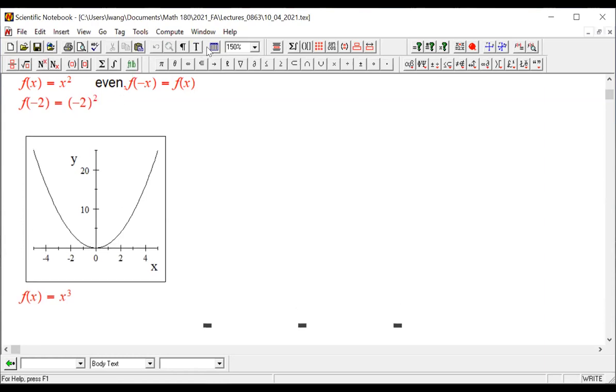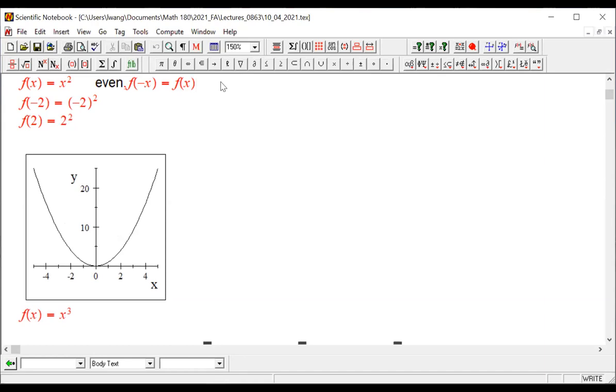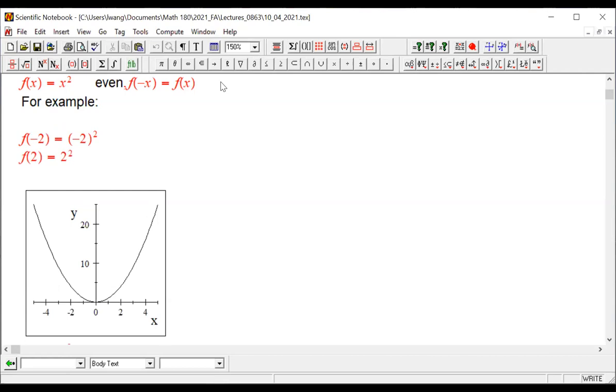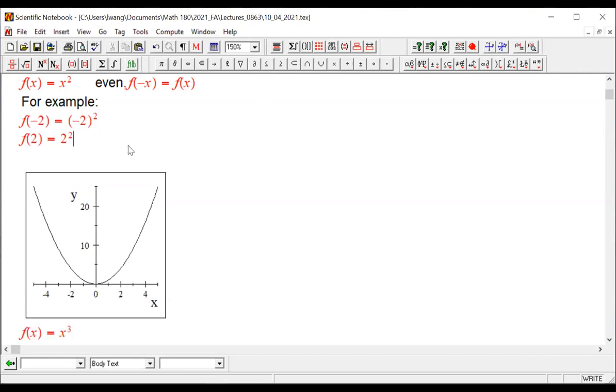f of negative 2, even though this is not a proof, just a verification. And f of 2 equals 2 cubed. I'm going to put it for example, f of 2, f of negative 2.